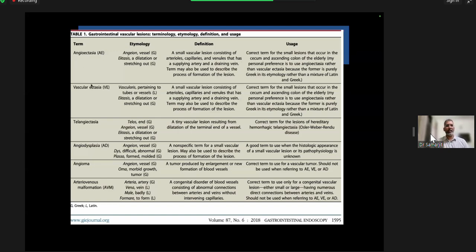You can have angioectasias, vascular ectasias, telangiectasias, angiodysplasias, angiomas, and AVMs. AVMs, we understand. Everything else, I generally tend to call an angiodysplasia, which is a non-specific term for a small vascular lesion. And they tend to occur in older patients. And of course, they have an association with aspirin use and aortic stenosis.